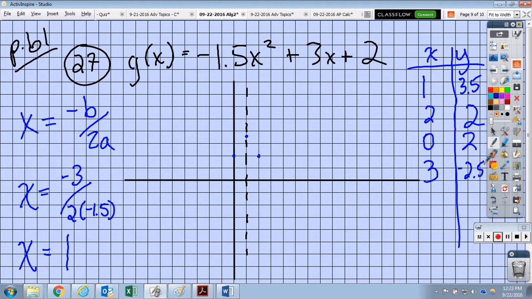And then one more to the left would be at negative 1. We'd expect to have the same output of negative 2.5. So (3, negative 2.5) and (negative 1, negative 2.5), and we go ahead and just simply graph.